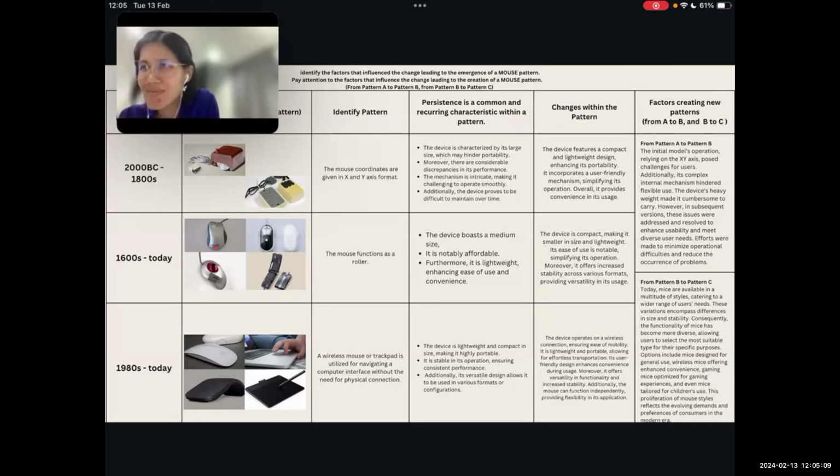Also use the most fully type that this is option including mouse design for general use within mouse offering. Okay, thank you, teacher.